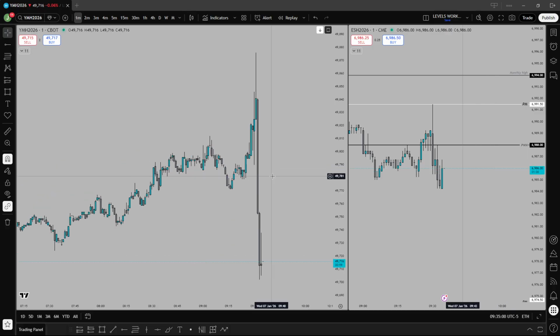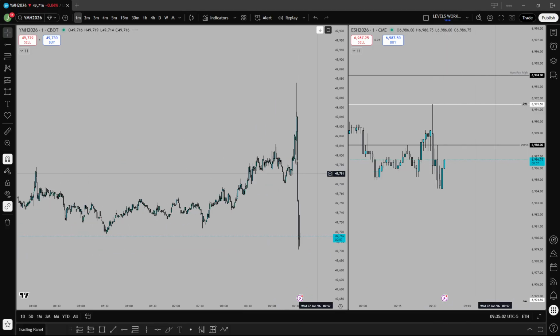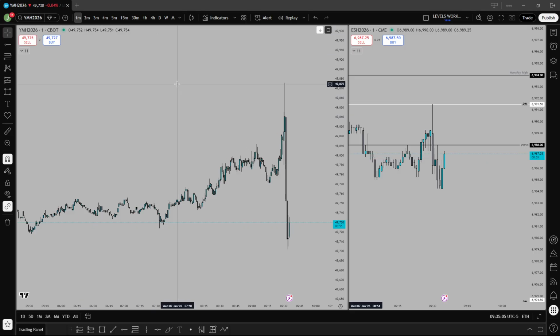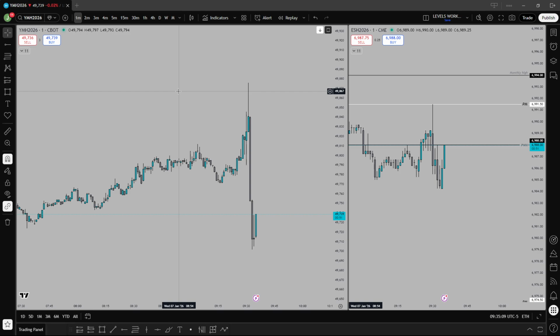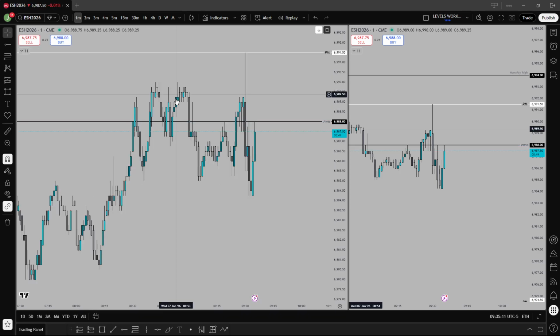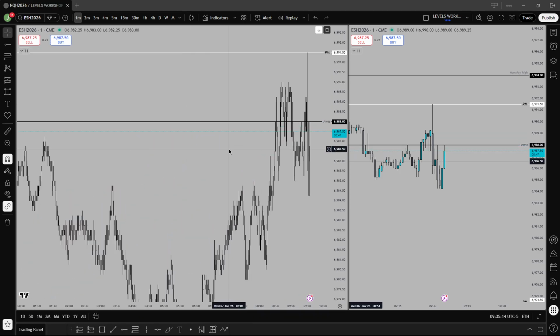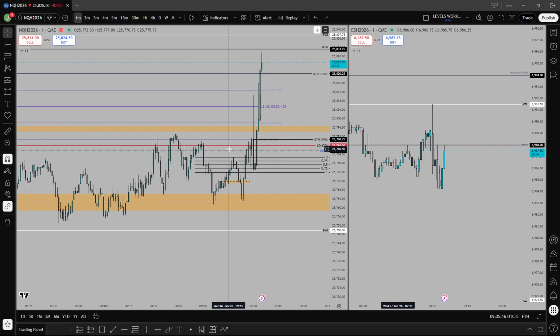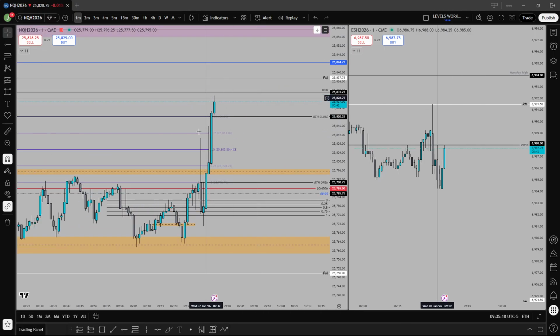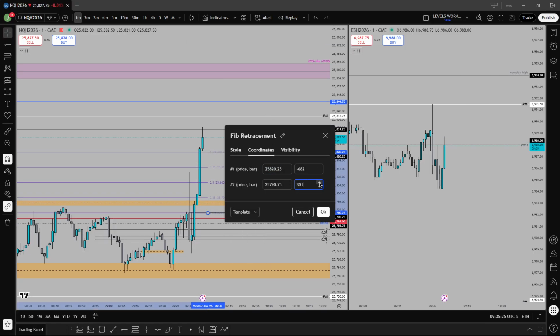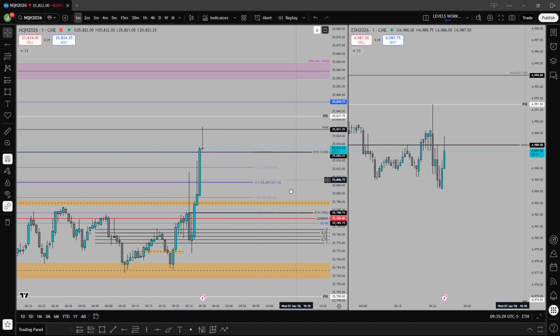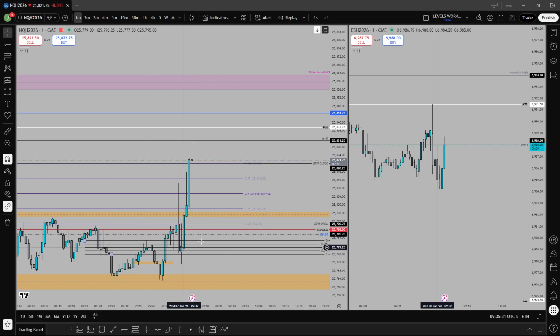Okay, so NQ, okay, NQ closed the gap. Like NQ is not willing to go down.